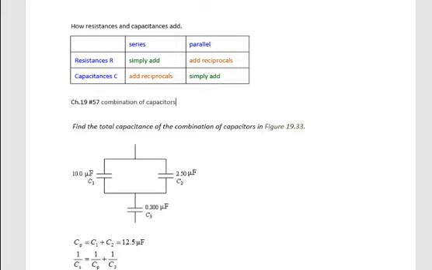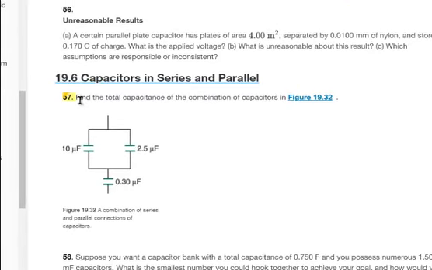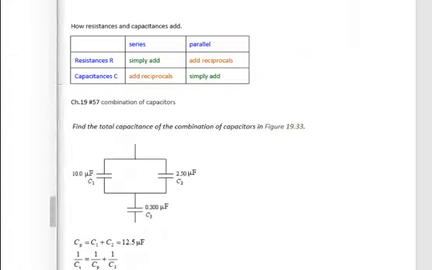Let me just point out for the first problem that I want to do, which is number 57. So there it is. This is the original problem here. 10 microfarad and 2.5 microfarad in parallel, and 0.3 microfarad then in series with those two that are in parallel. And you see that here, basically the same diagram.